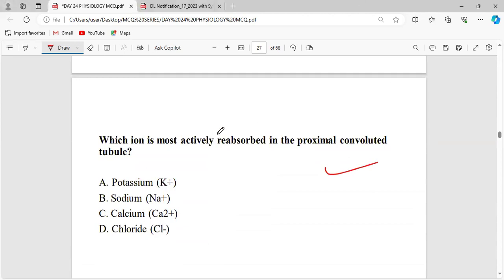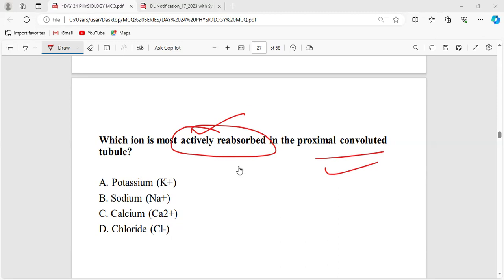Which ion is most actively absorbed in the proximal convoluted tubule? Actively reabsorbed in the proximal convoluted tubule. Think and answer correctly, okay?